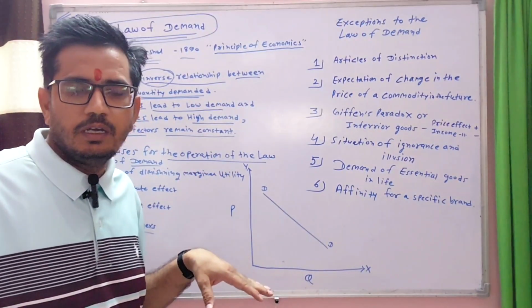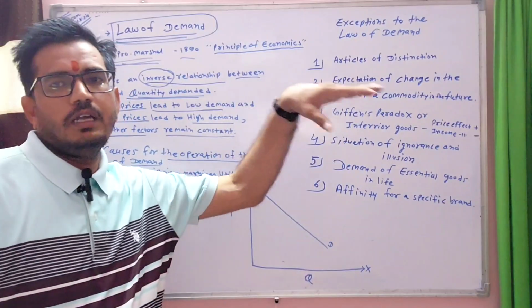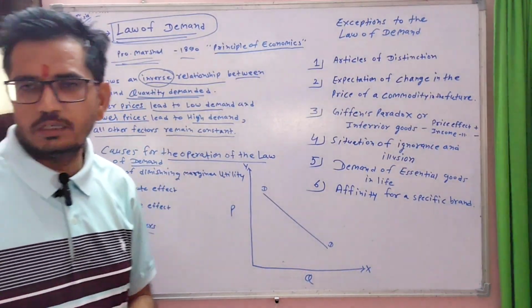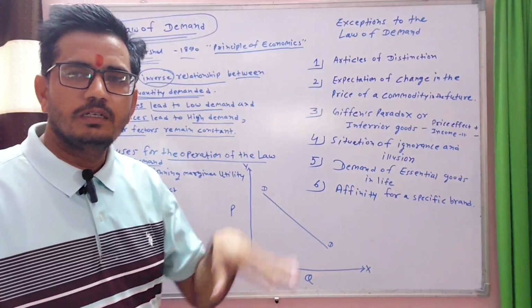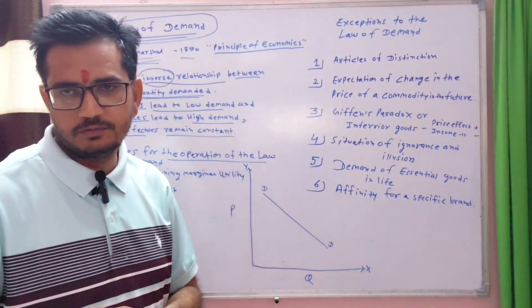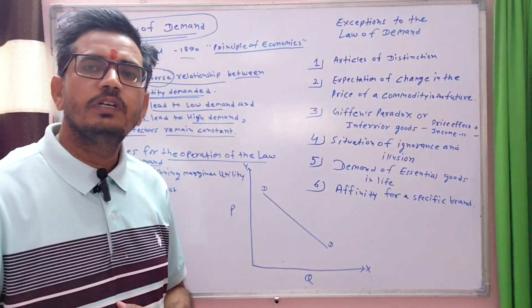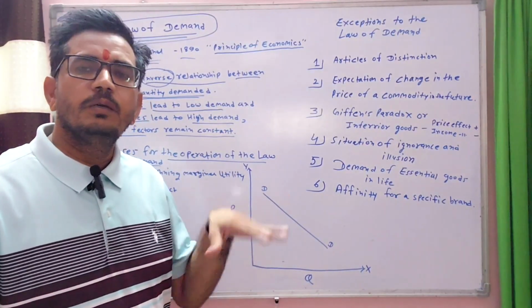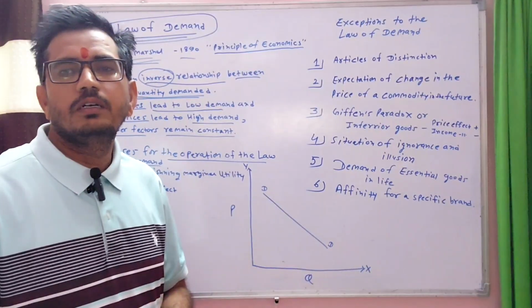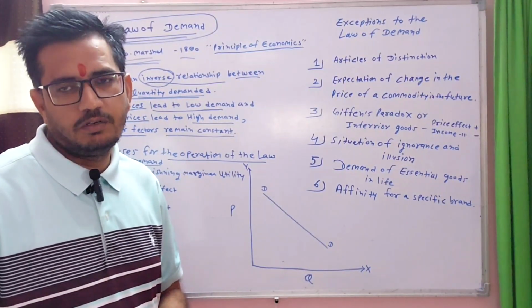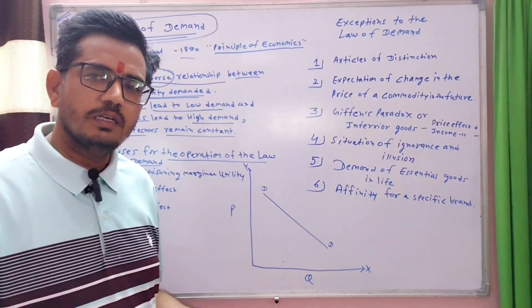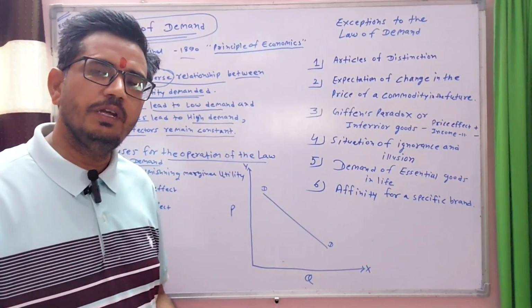If the price of a good increases, then its quantity demanded will decrease. If the price decreases, then quantity demanded will increase.